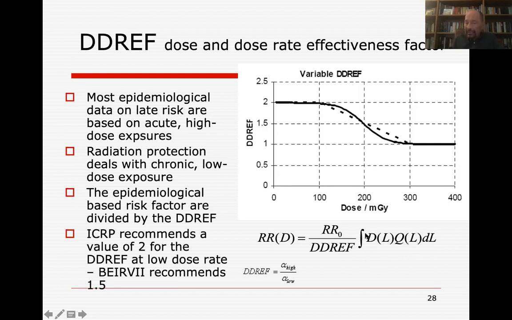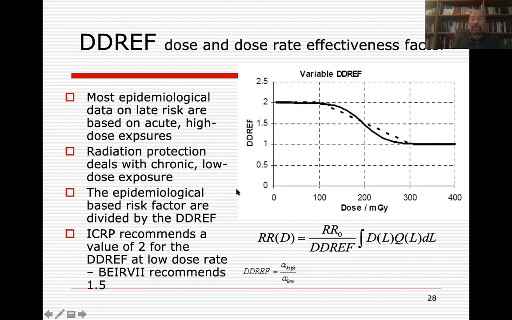You multiply this dose by a risk coefficient that comes from epidemiology, but because epidemiology is generally high dose rate and high doses, you have to divide by a dose and dose rate effectiveness factor, which is broadly defined as the alpha of the high dose rate divided by the alpha of the low dose rate.